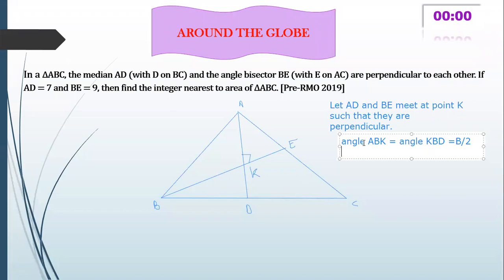Now since this one angle is given as 90 degrees, you can similarly tell that angle AKB is equal to angle BKD, which is equal to 30 degrees. Can anyone tell me why I am claiming this?